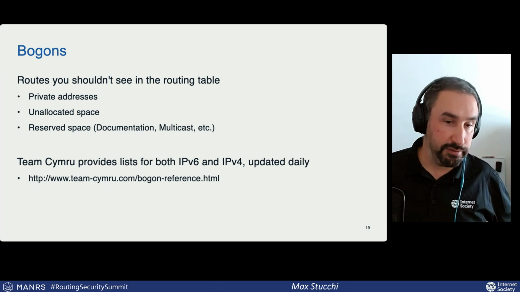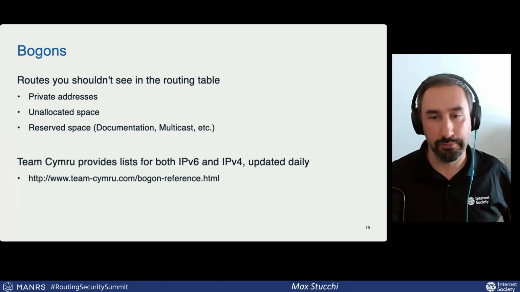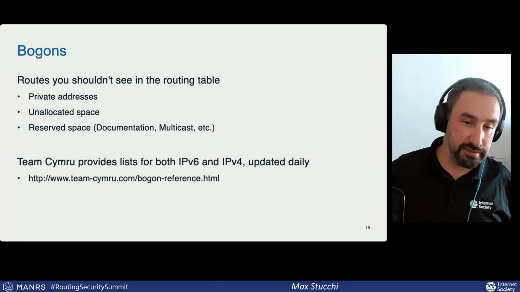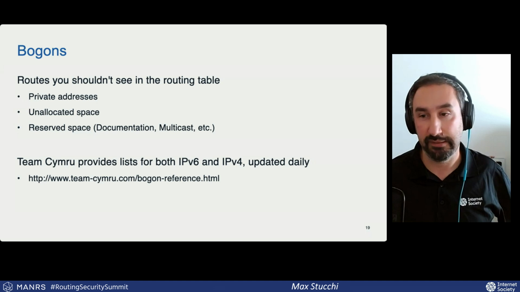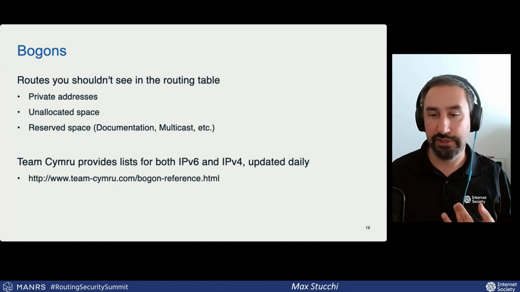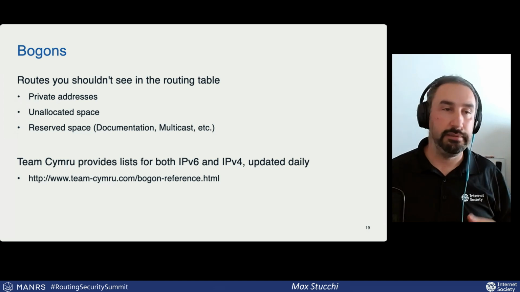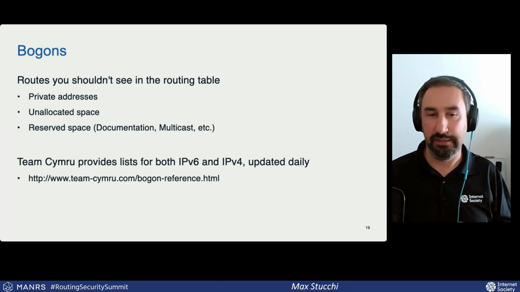And then you have reserved space, so addresses for documentation, for multicast, etc. Team Cymru provides a list for both IPv6 and v4 that's updated daily. You can get it as a file via HTTP. So you get the file, you look at it, it contains all the addresses that are not supposed to be seen in the routing table.